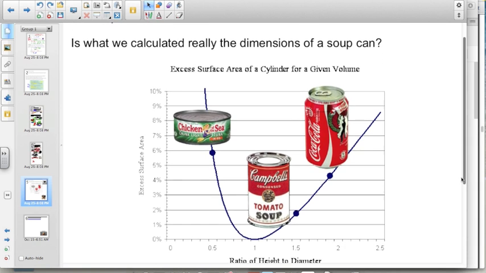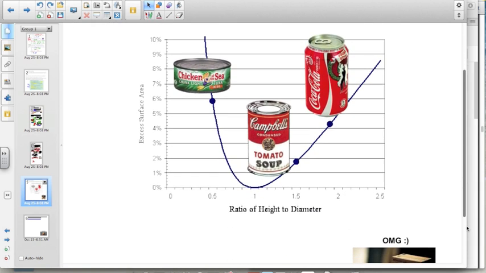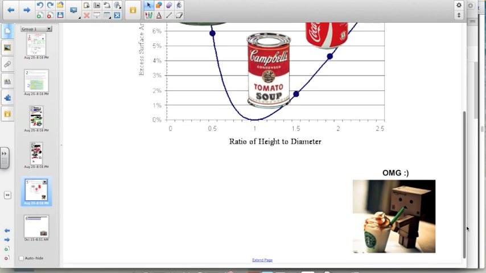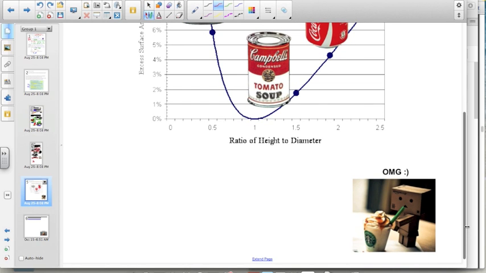You're actually going to find that the top of the soup can, and this is in inches, is a little beyond.